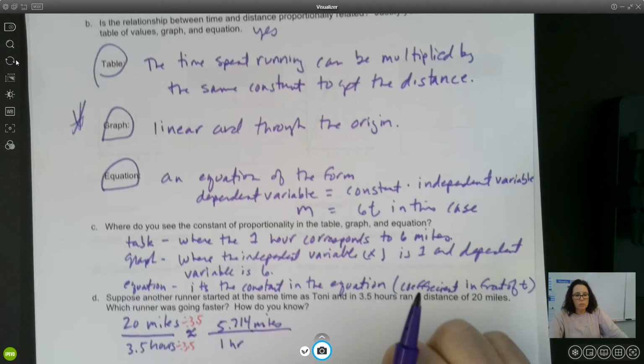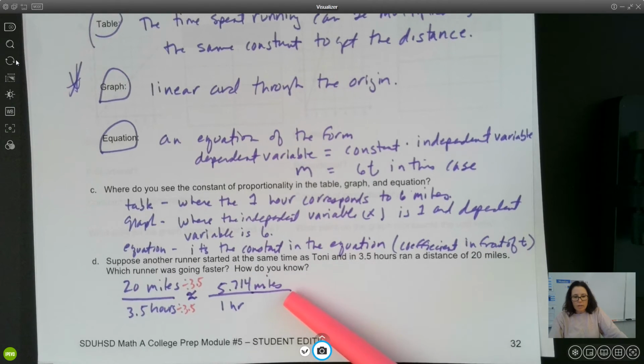Okay, so this person goes fewer miles. Tony goes 6 miles in an hour. This person goes fewer miles in an hour. Okay, if you're going fewer miles in an hour, you're going slower.